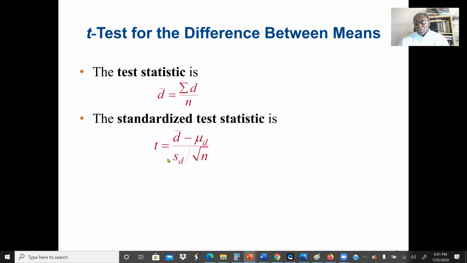We are very familiar with this formula, standard error, which is the standard deviation of the sample, SD divided by square root of n. Then we are doing the t distribution. So in the t table, we always need a degree of freedom. Here, degree of freedom will be n minus 1.